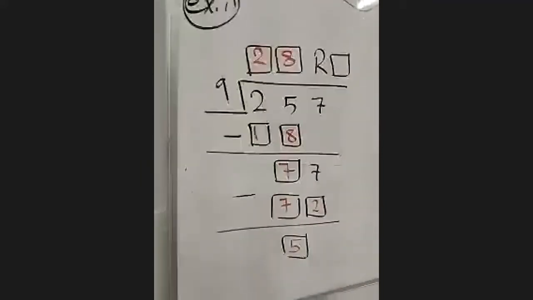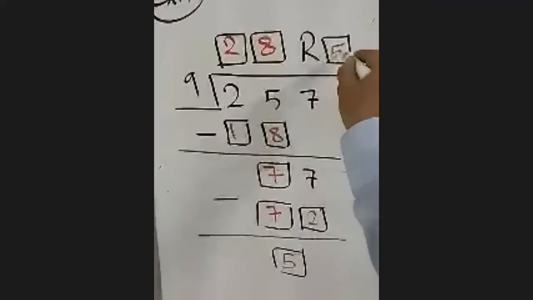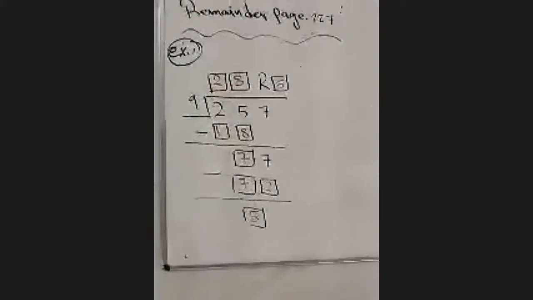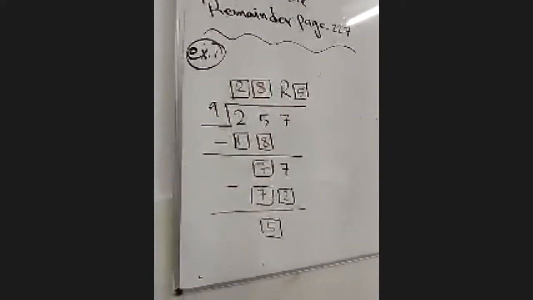Now let's subtract. 77 minus 72, how much? 5. So the remainder is 5. Now fill the squares, guys. Fill the squares with these numbers, please, before we continue in the same question.